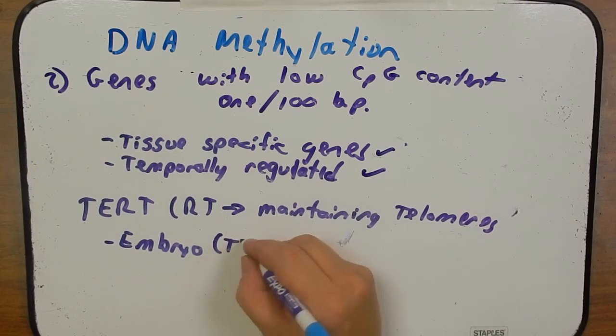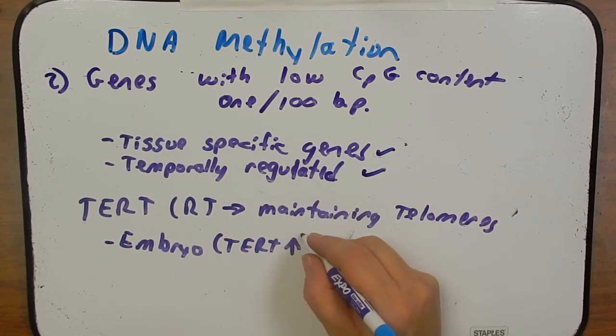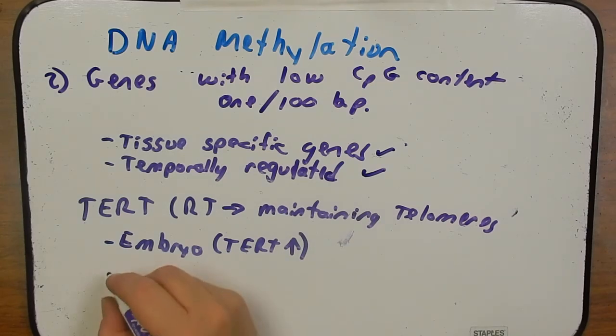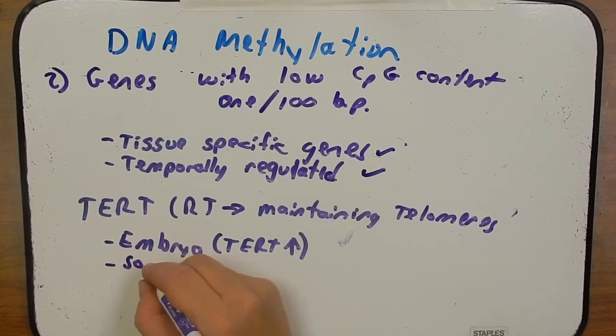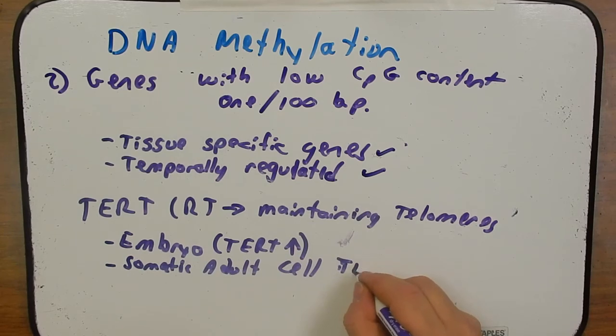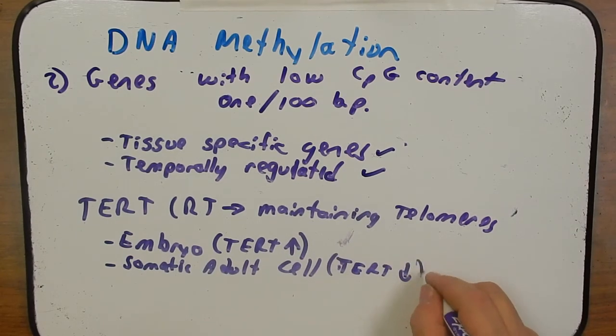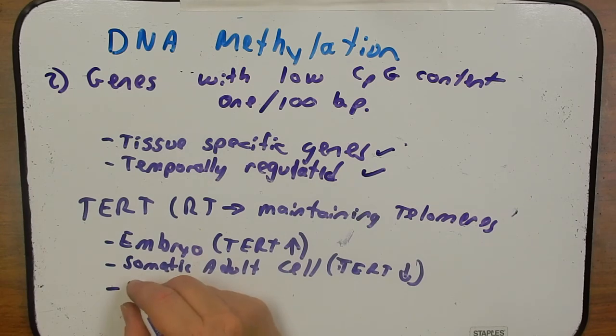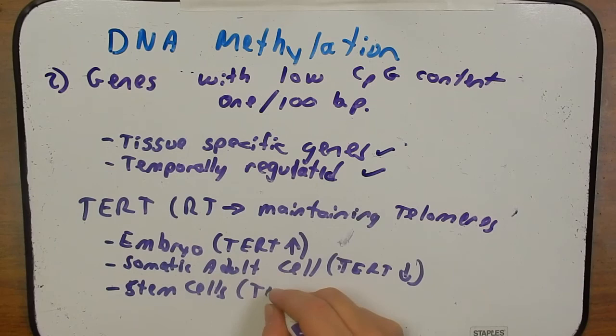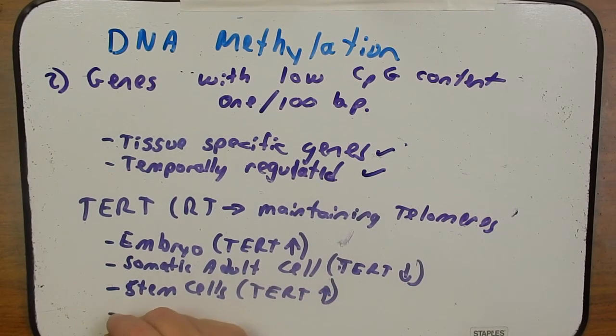So I'm just going to write here, TERT is expressed with an up arrow. It is less important in somatic cells of the adult. All right, TERT would be predicted to be down-regulated, not expressed. And then we also see it in stem cells. In stem cells, TERT is expressed. It is also expressed in cancer cells.